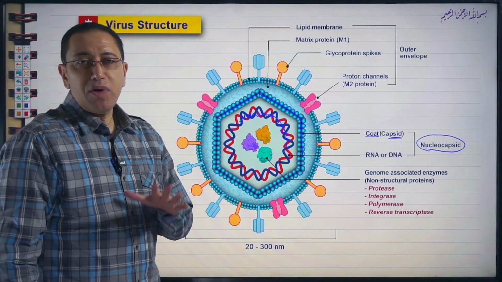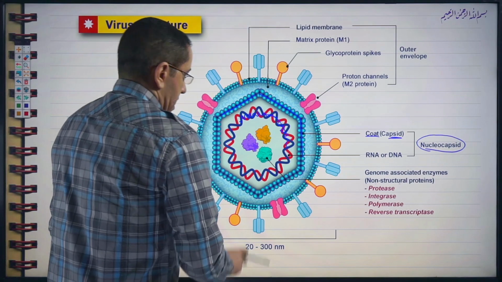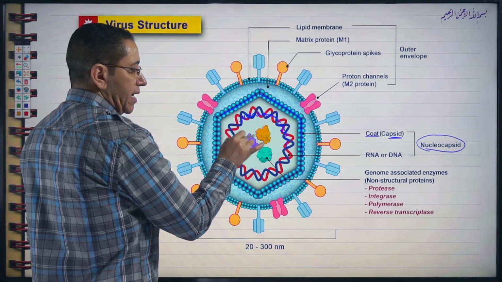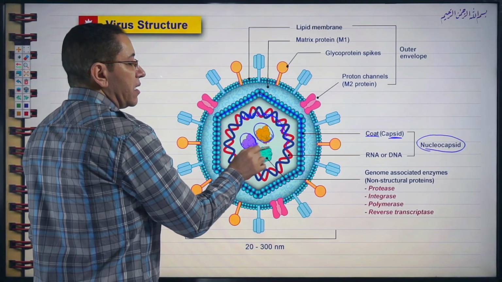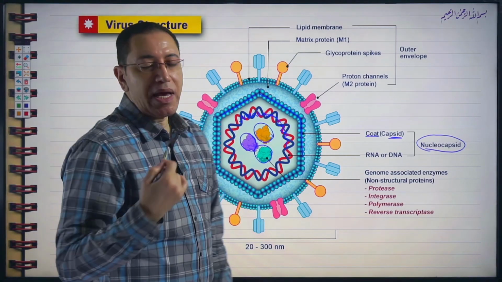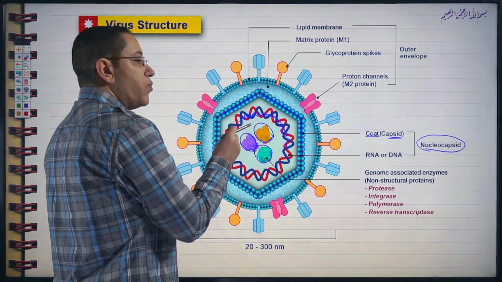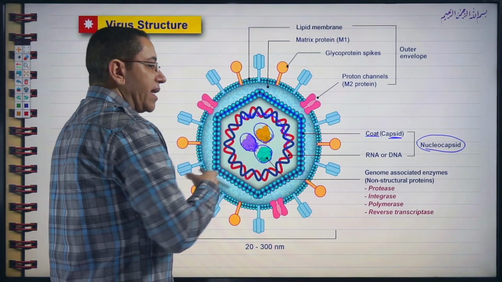There is a third part which many of you neglect when you study. Now we know two components which are genome and capsid. Still, there is a third component which is these scattered parts in the middle. These parts in the middle are enzymes needed by the virus for the process of replication. These enzymes are called genome-associated enzymes, and they differ from one virus to another.